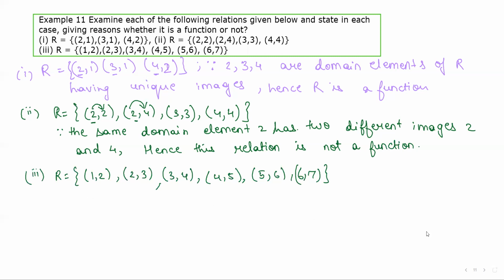You have domain elements like 1, 2, 3, 4, 5, 6. All domain elements are unique. Hence, all these elements have unique images. So you can write the first condition itself. Since 1 to 6 are domain elements of R having unique images, therefore R is a function.